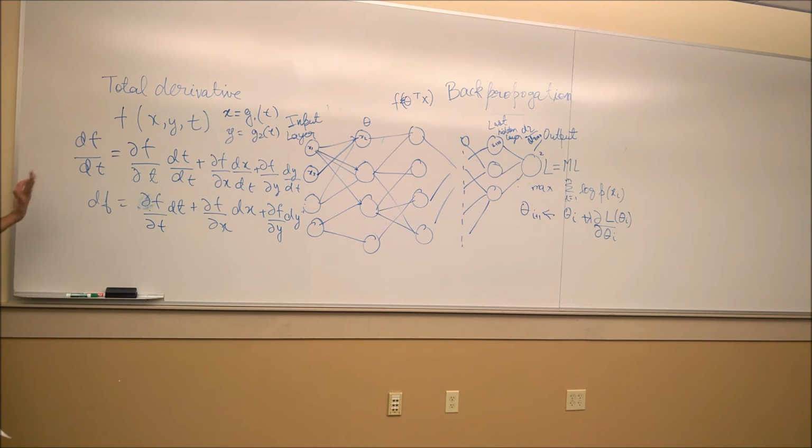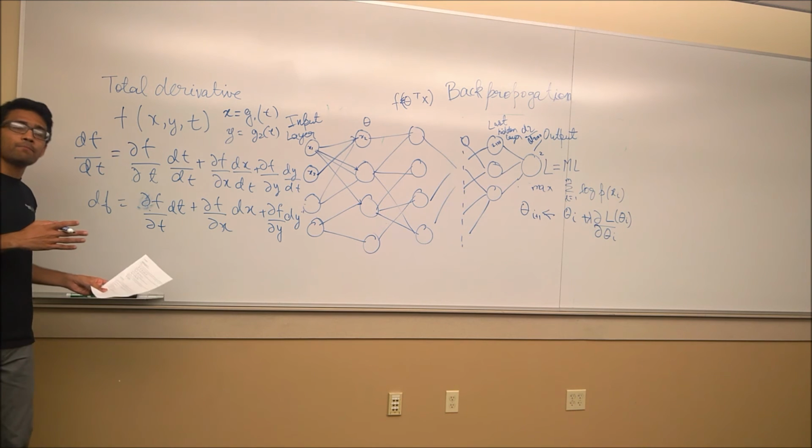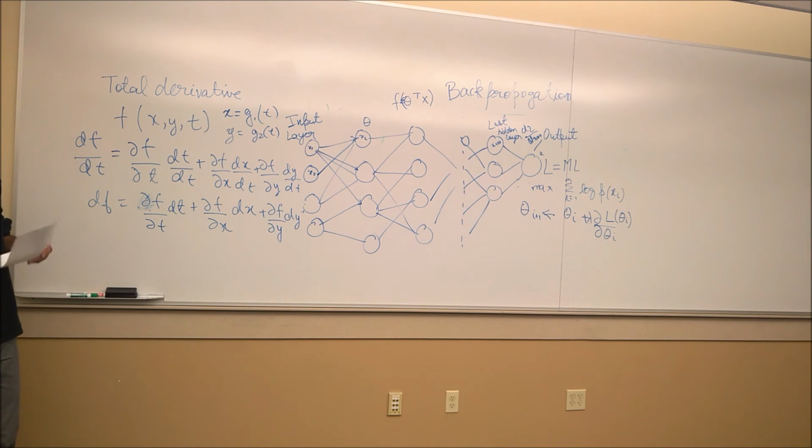That the difference in the value of a function would come from if I make some modification in one of the axes that it has, and then see, hey, what's the gradient that I get there? Let's multiply the gradient that I get there with respect to how much I moved, and then add the same value for all the other dimensions that I have, right? So this kind of makes sense.